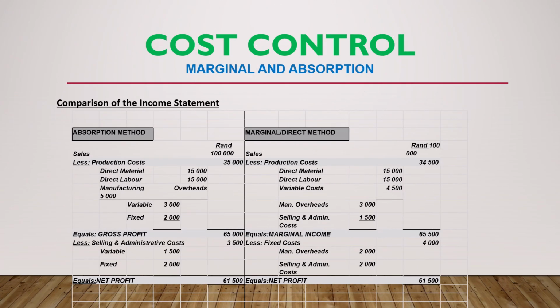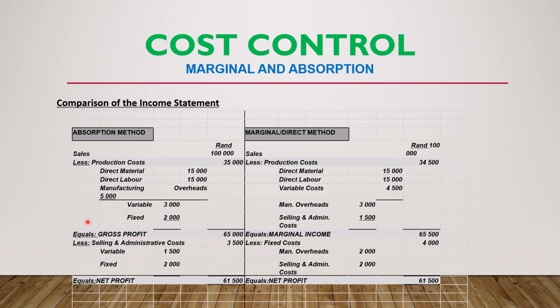All right, now you can see here we have a comparison of these two methods, opening the two income statements. Now let me take you back. Remember, in your normal financial income statement, you will say sales less cost of sales equals gross profit, isn't it?